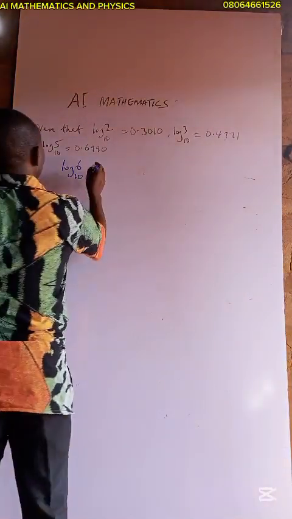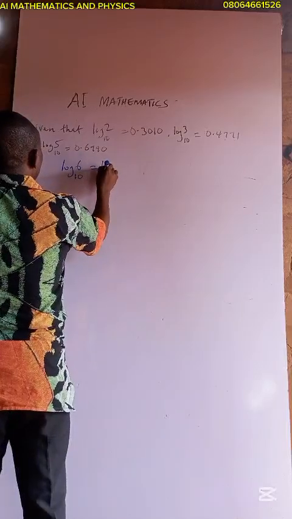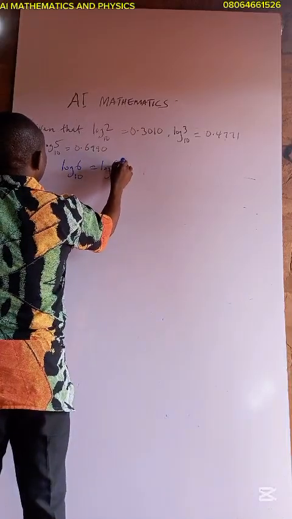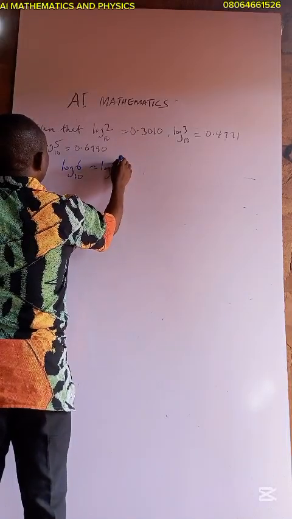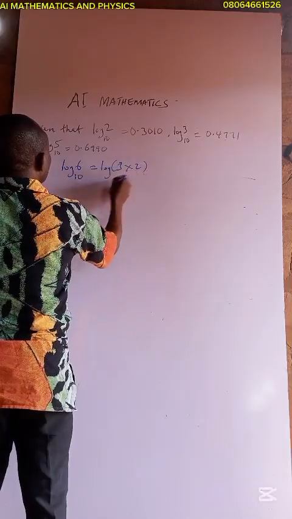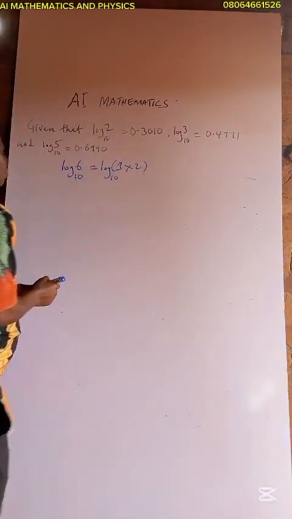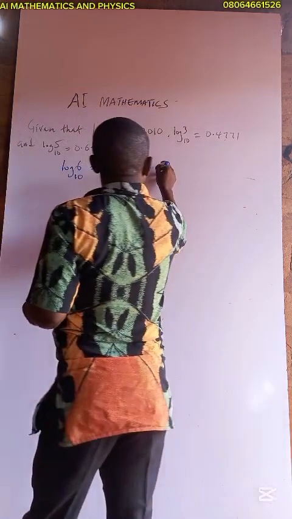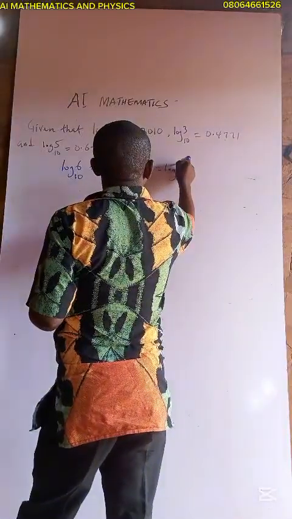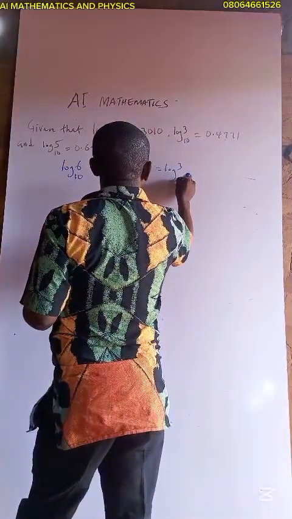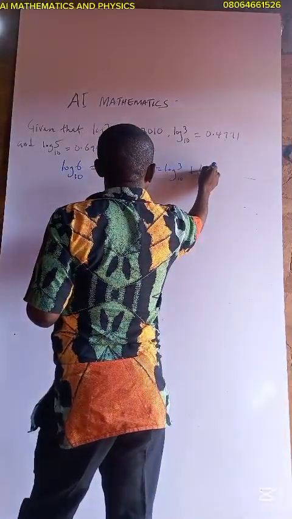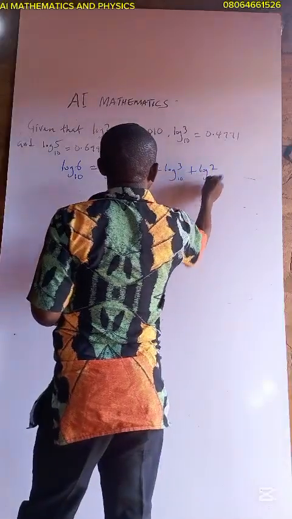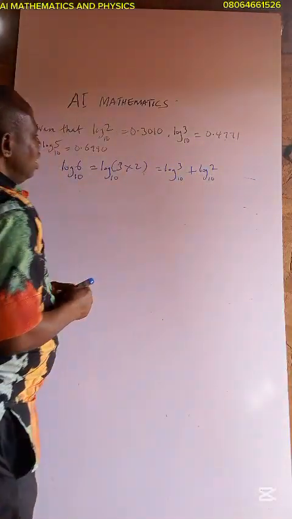This is just like we have log 3 times 2 base 10. And don't forget that when you have multiplication, it is the same as log 3 base 10 plus log 2 base 10. You can see that it's a direct question.